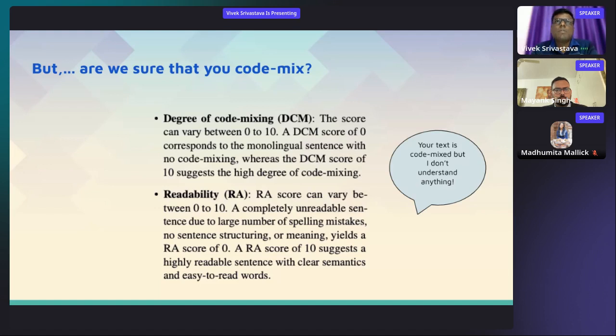It might not just be the case that the sentence is code-mixed, it should also be readable. So we again take a 0 to 10 scale, and a score of 0 suggests that the text is completely unreadable by the annotator, and a score of 10 suggests that it is highly readable, the semantics is clear, and we have easy-to-read words.